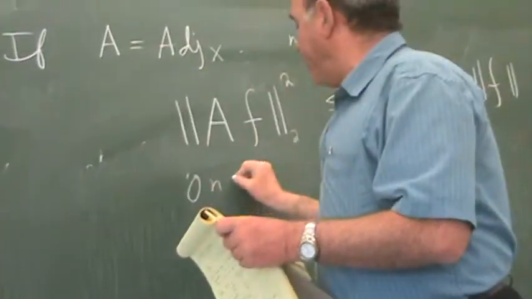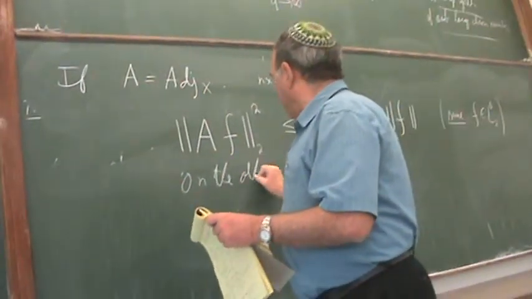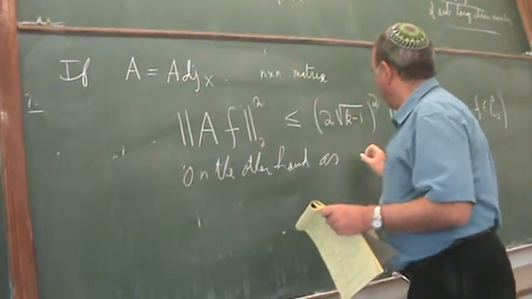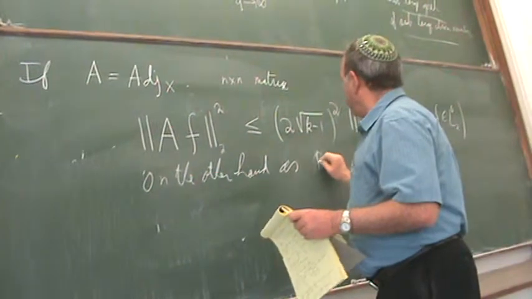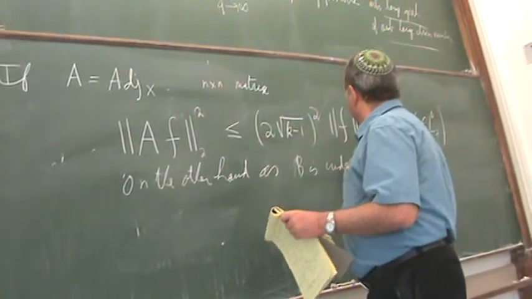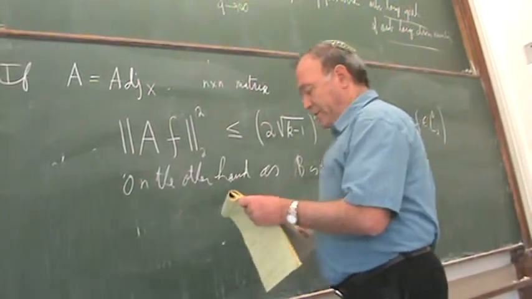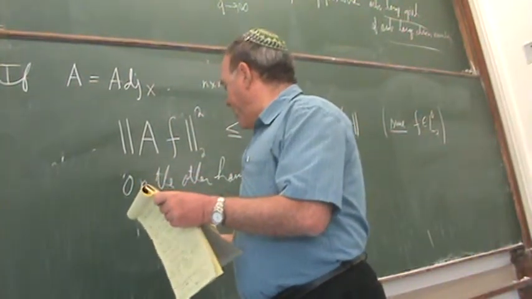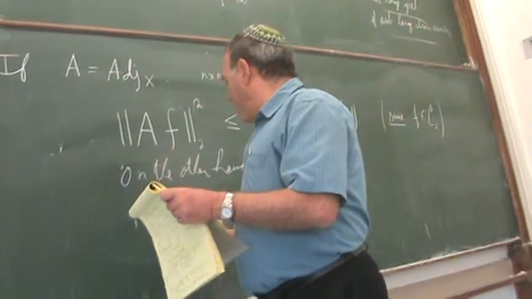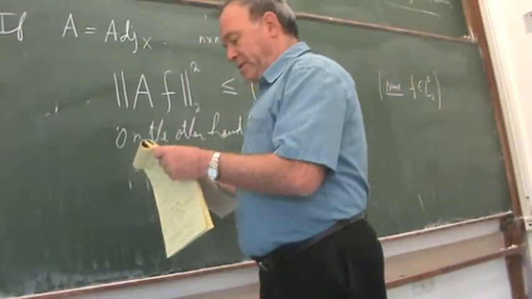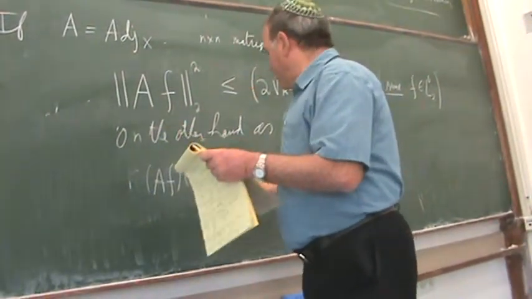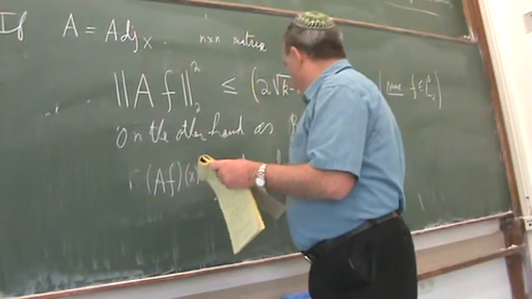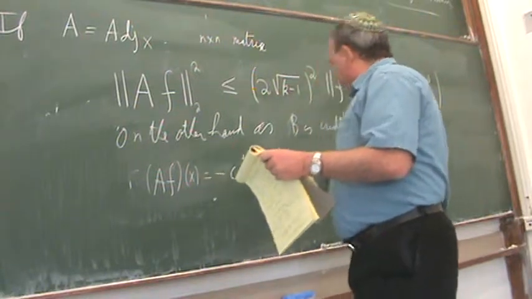On the other hand, as B is independent, let's think about it. We see that A of F on X is equal to minus C k if X is in B. What happened?